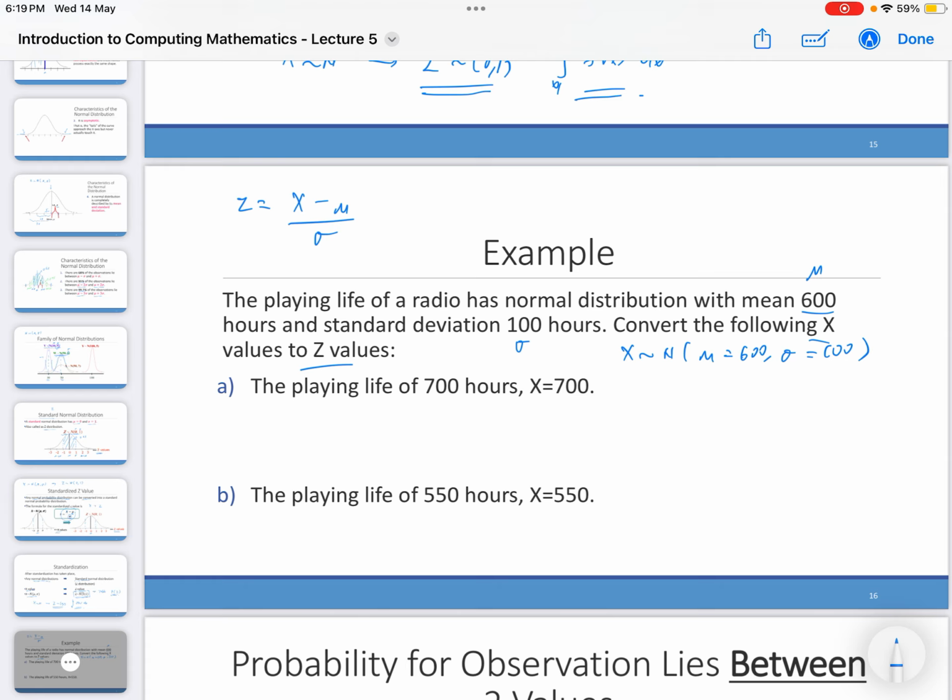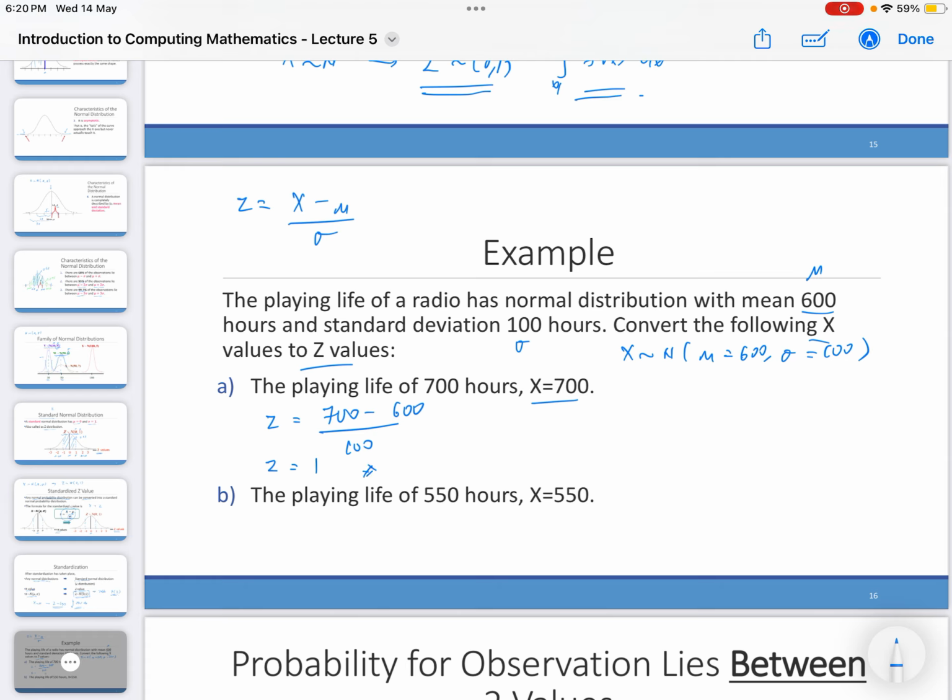So we use this formula. For A, the playing life of 700 hours, so now x equals 700. The z value will be 700 minus the mean, which is 600, divided by the standard deviation, which is 100. So we get z equals 1.